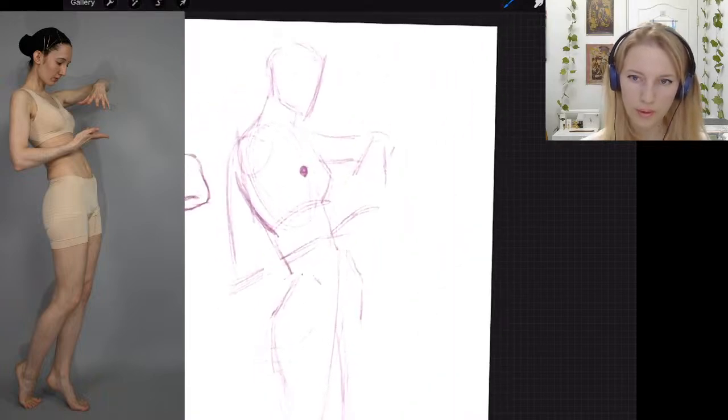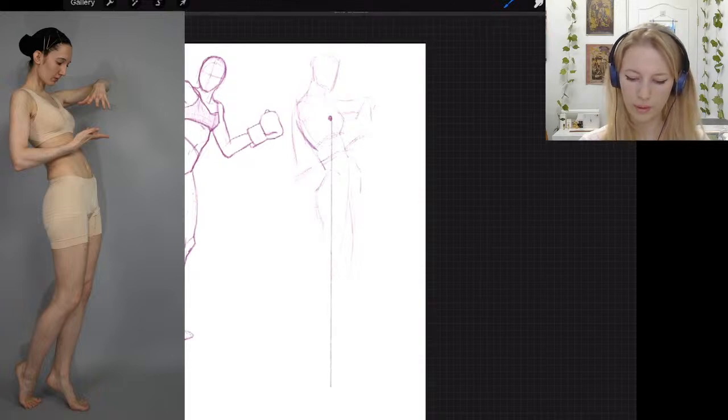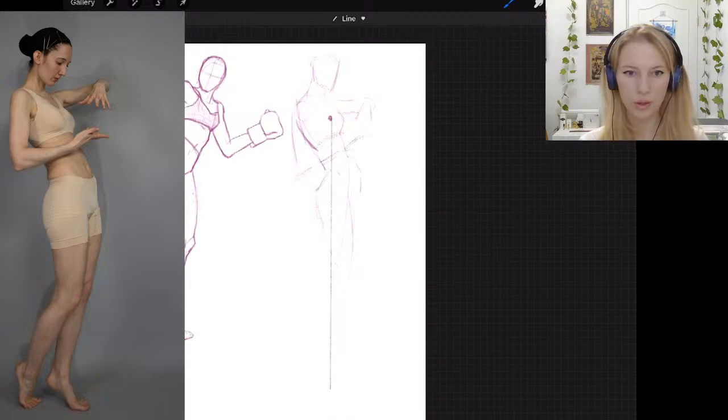And we'll just make the vertical line down and see where she should. I mean, it's basically that she has 2 points of carrying the weight of her body here. This one and this one. But still.